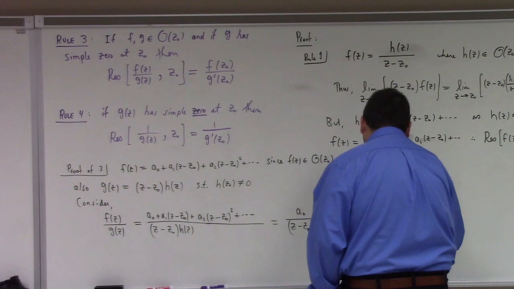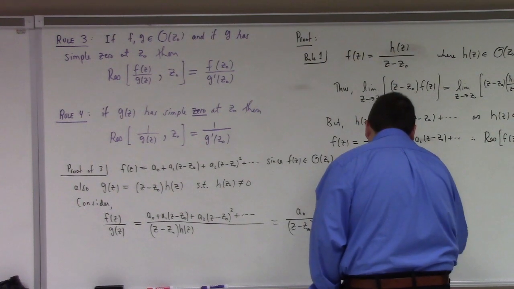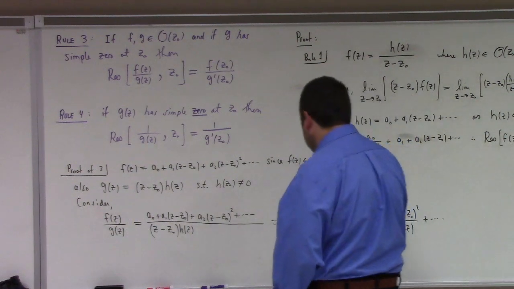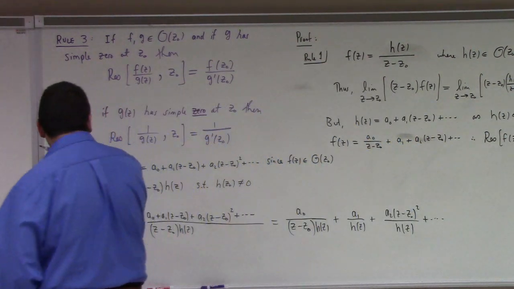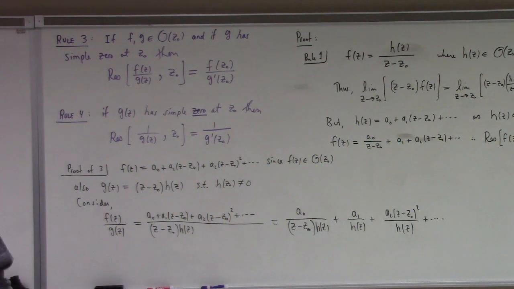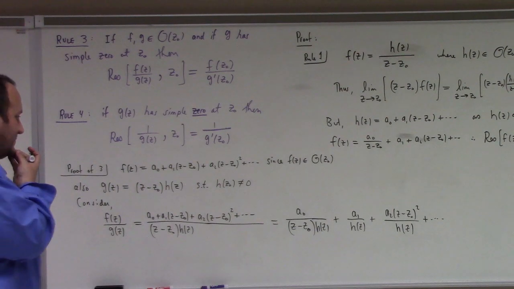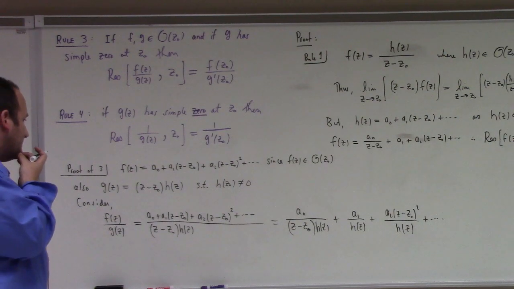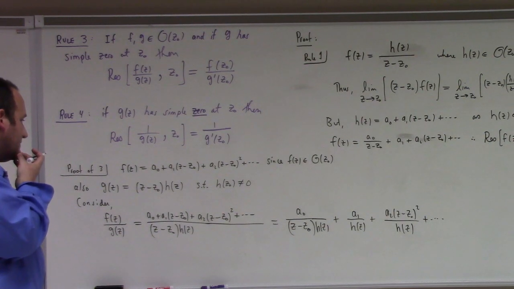I'm not sure this is actually helpful. I mean, that's not a Laurent series, right? I've got this big old annoying h of z in my denominator there.